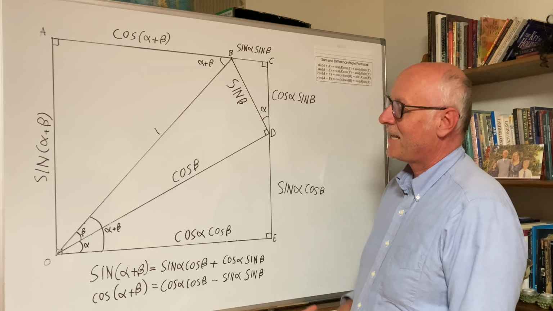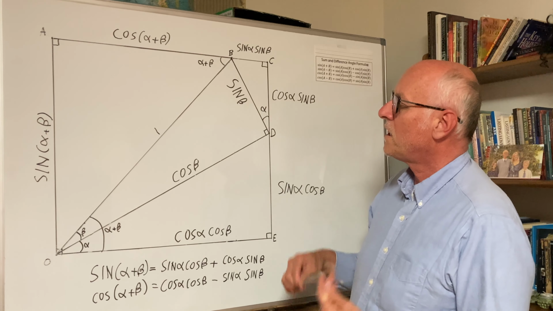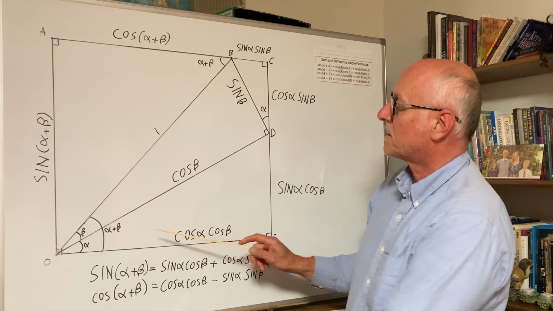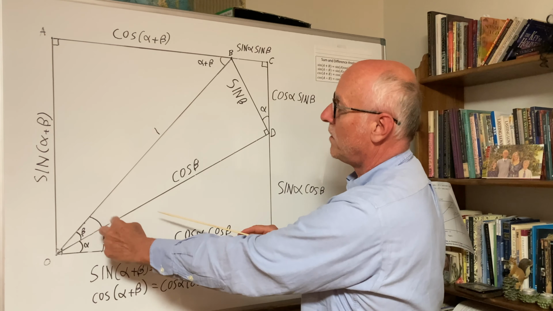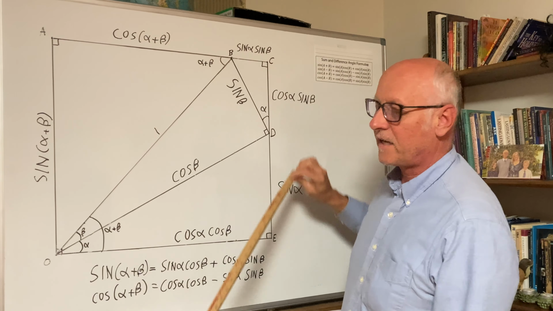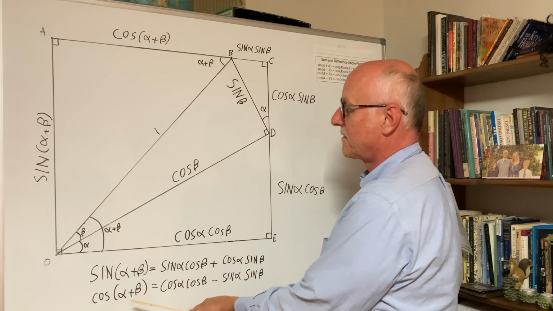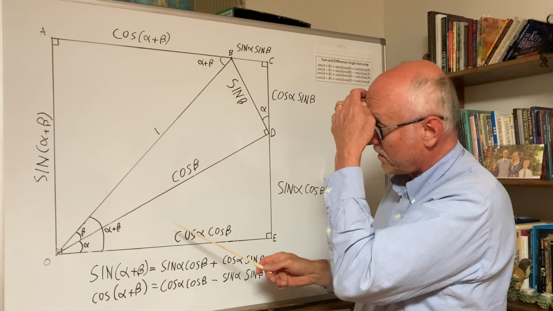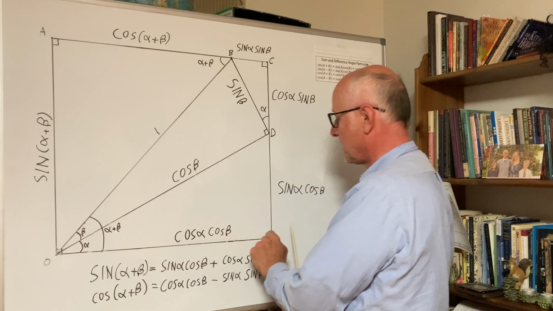Okay? And so if we have this kind of a setup, you have angle alpha plus beta here. These are parallel lines. This angle must be alpha plus beta. And also, what about this angle here? Well, look at this. This is alpha. This is 90 degrees.